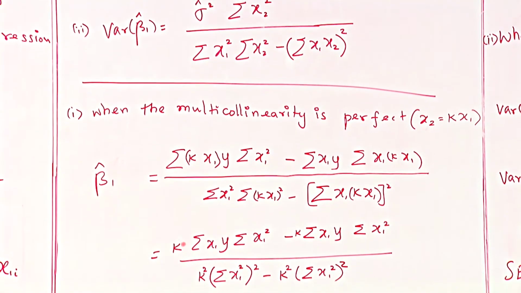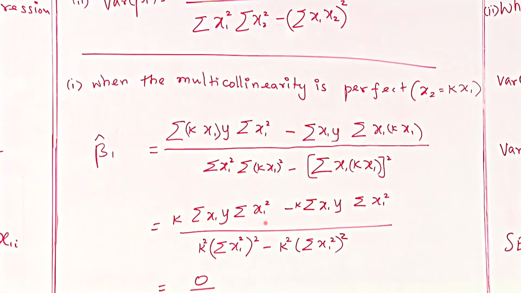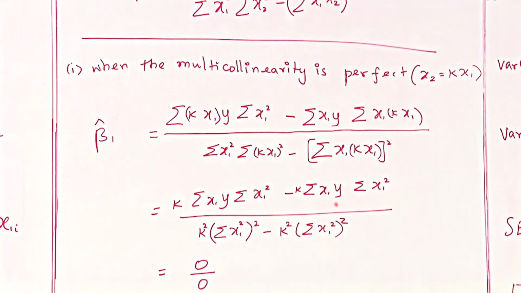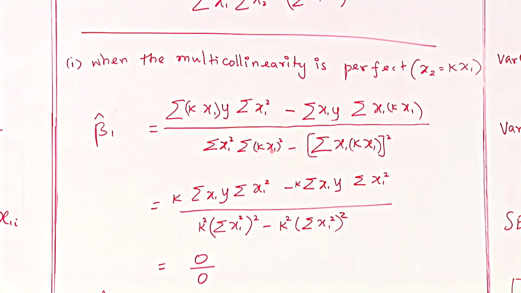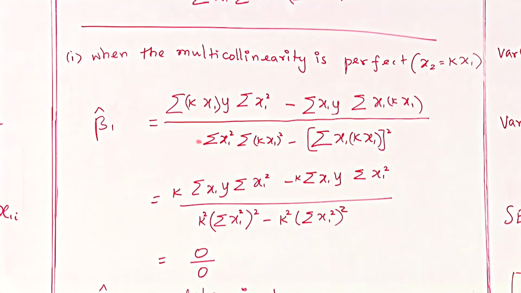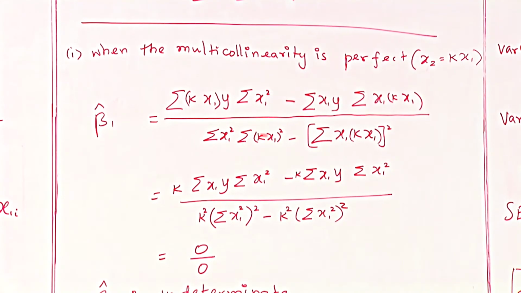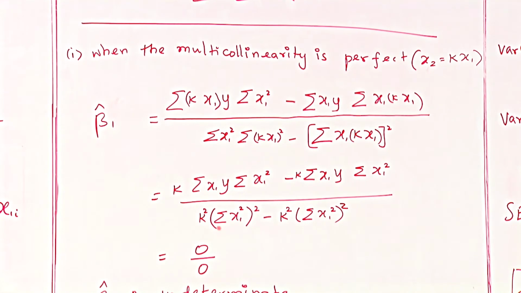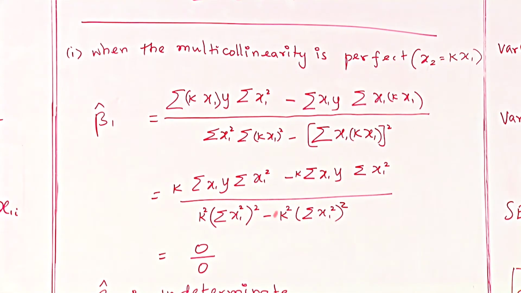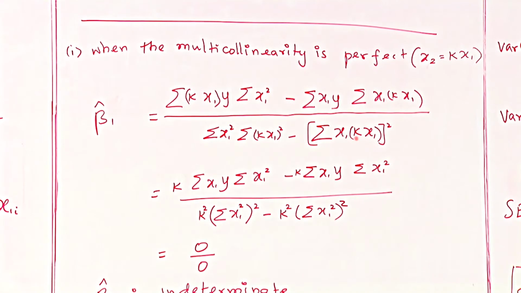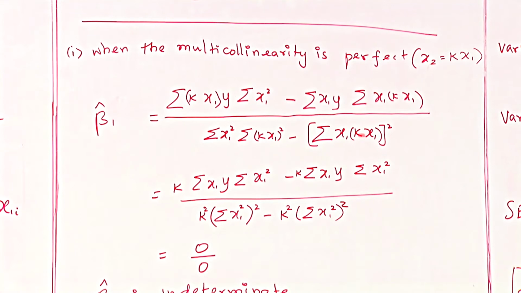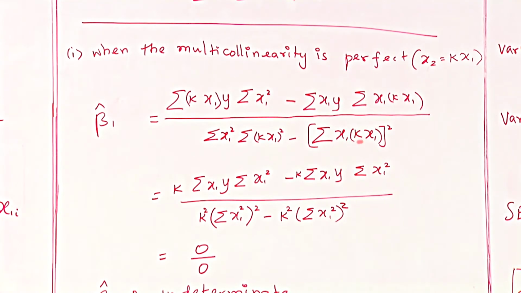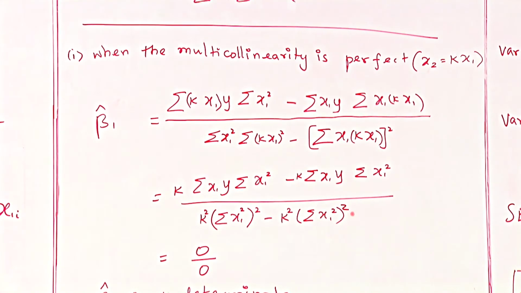So, we get k times sigma x1 y times sigma x1 square minus k times sigma x1 y times sigma x1 square, divided by k square times sigma x1 square the whole square minus k square, where inside you have two x1s multiplied, so sigma x1 square the whole square.